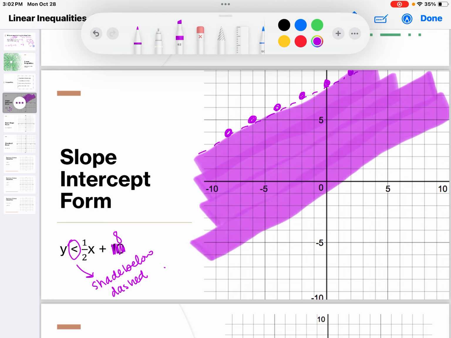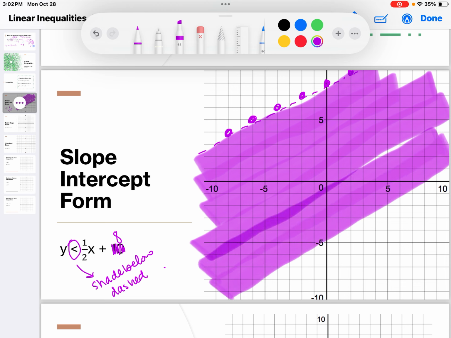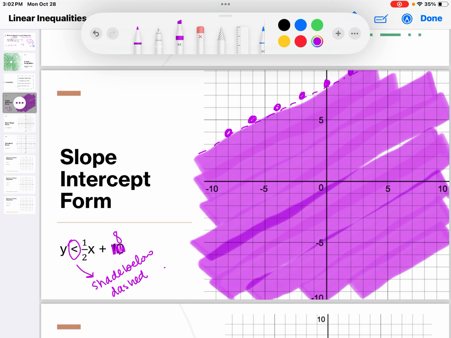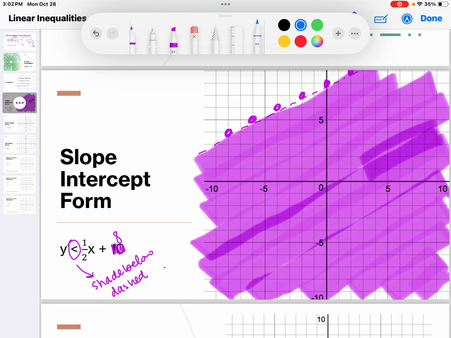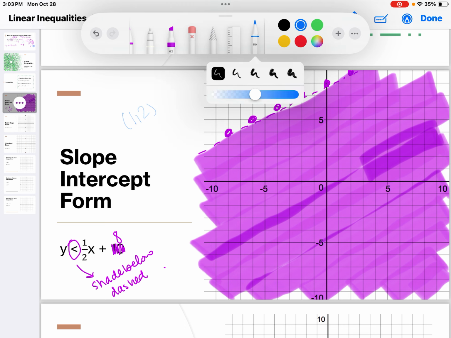This means any point that is in the shaded region would be part of the solution to this inequality. So, for example, if I asked you, is the point (1, 2) part of the solution?